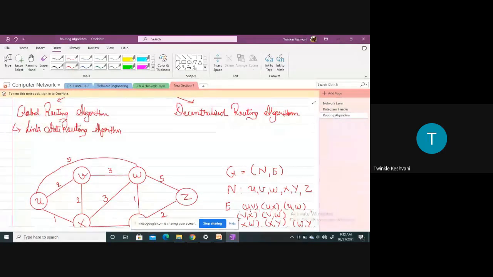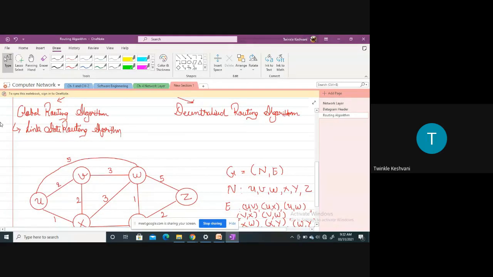Now what does decentralized mean here? We can say that the source has the knowledge of only the neighboring nodes. The source has information only about its neighboring nodes.